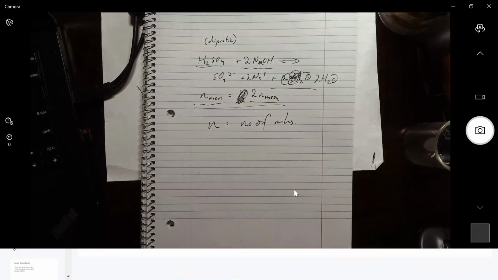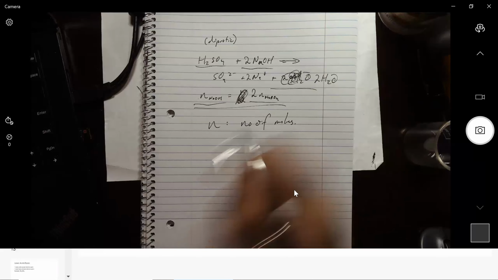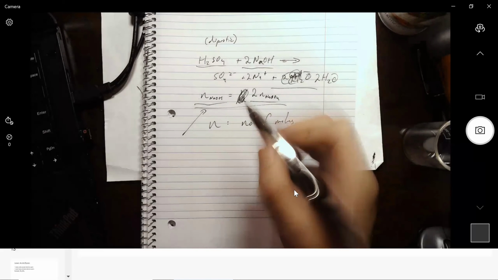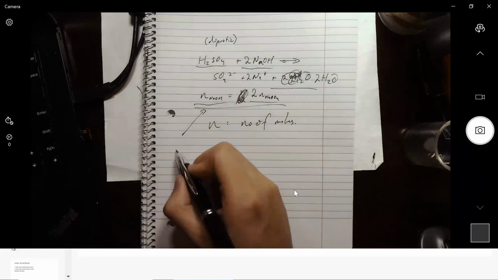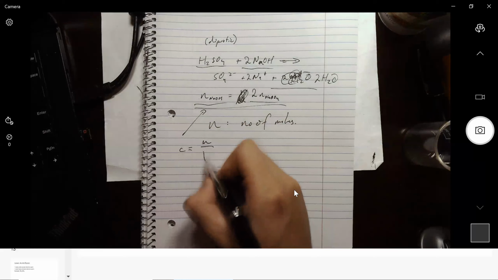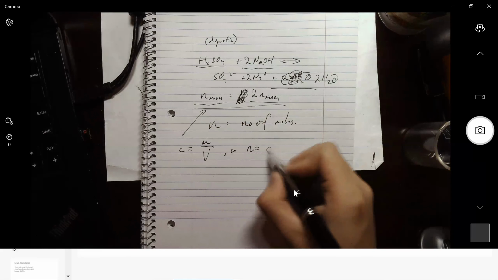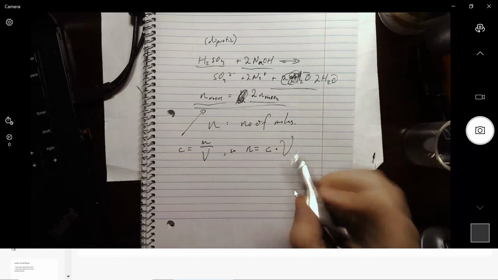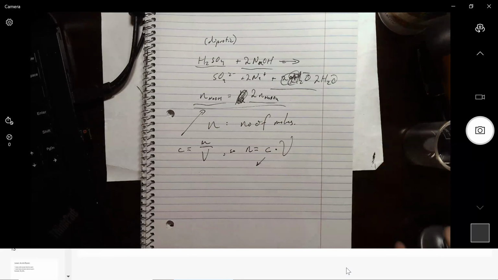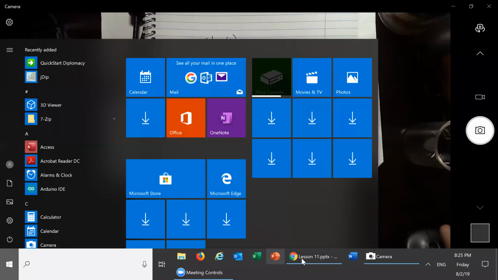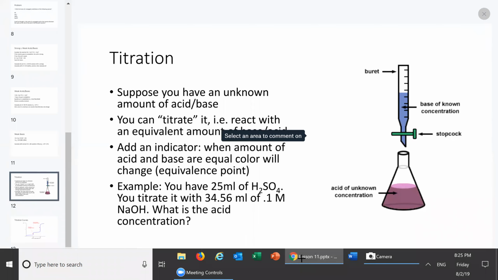So, what do we do? We need to find this value first. And remember that concentration equals N over V. So N equals C times V. And the concentration is given. The concentration is 0.1 molar.